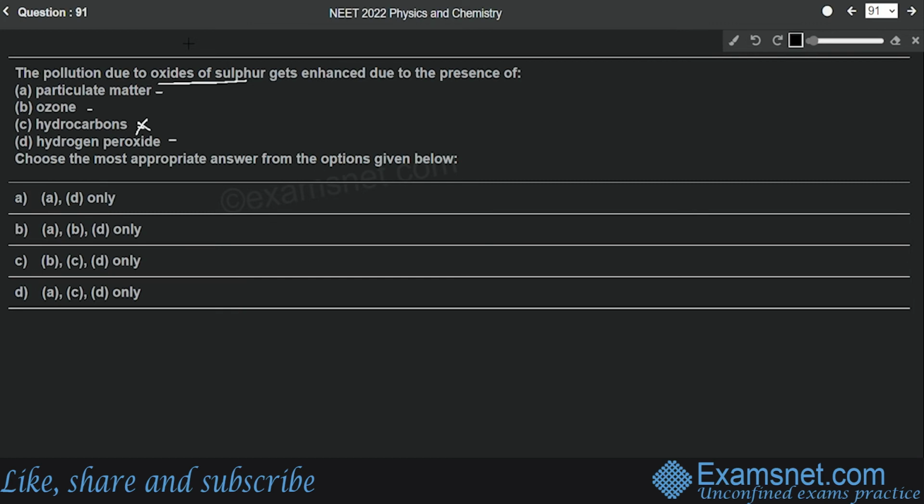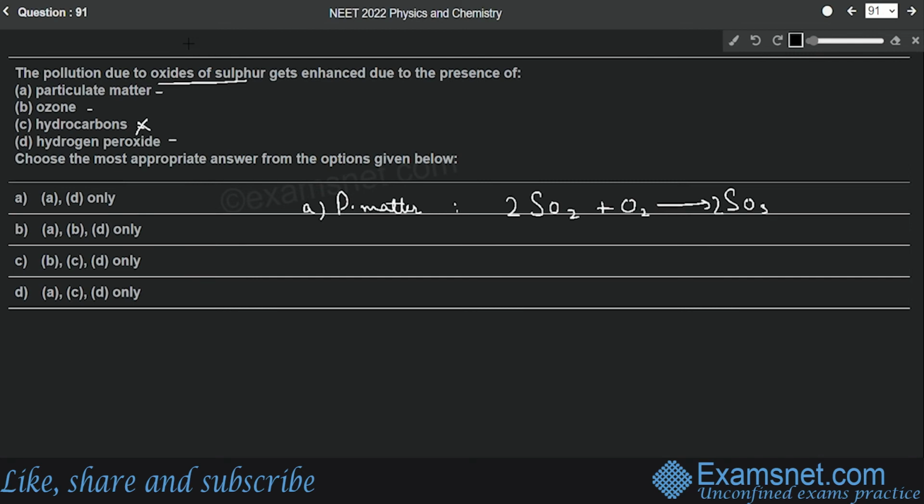Let's see how. If we talk about the first one, that means particulate matter, then these act as catalyst. Okay, that means they catalyze the reaction of sulfur dioxide to sulfur trioxide, and we know that sulfur trioxide is harmful for the environment as it causes pollution, right?